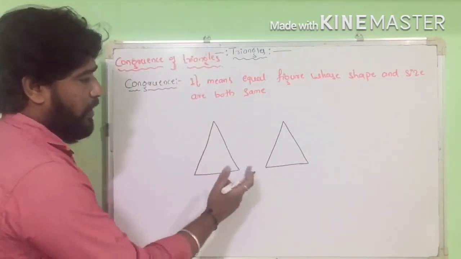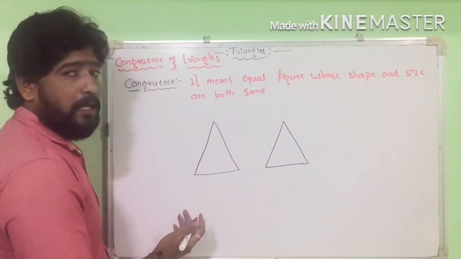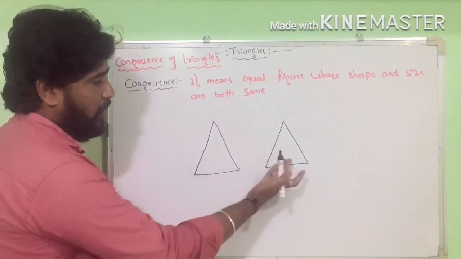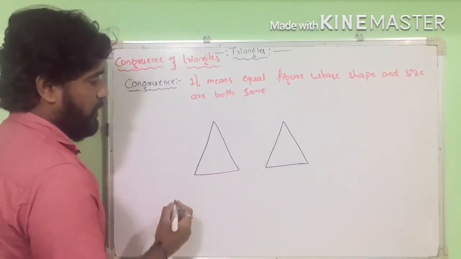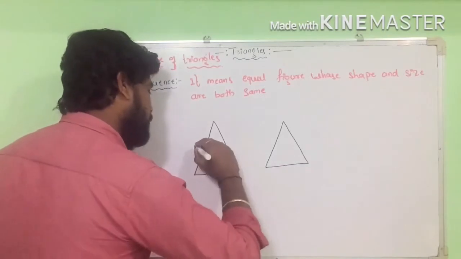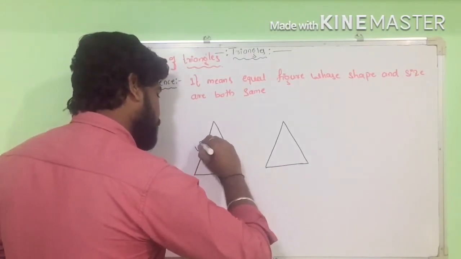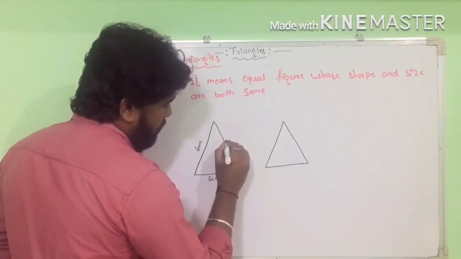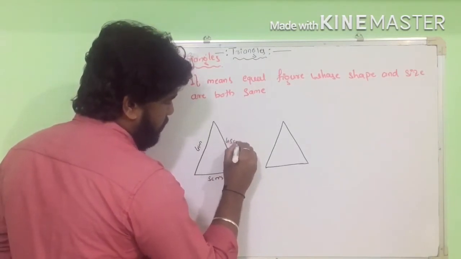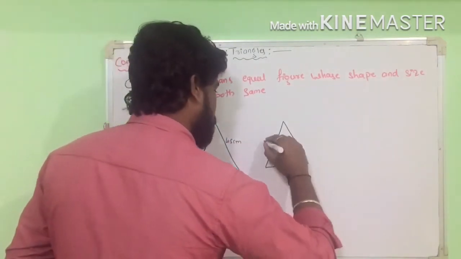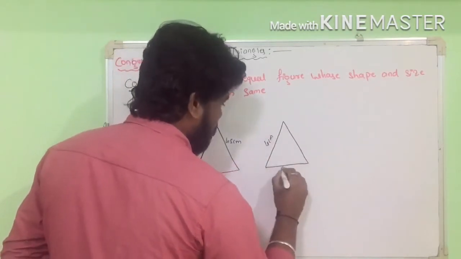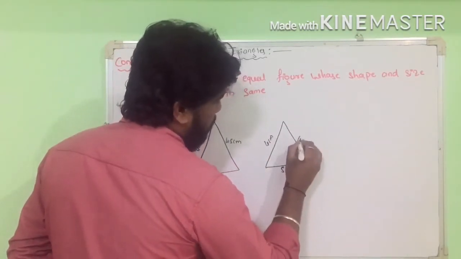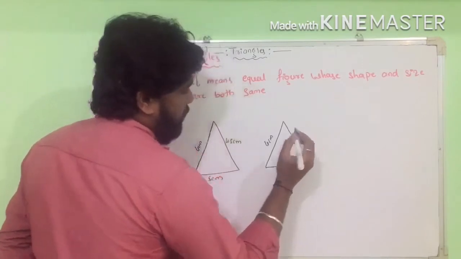See, these two figures have the same shape. It is triangular and it is also triangular, right? And the sides are 4 centimeter, 5 centimeter and 4.5 centimeter. So here also 4 centimeter, 5 centimeter, 4.5 centimeter.